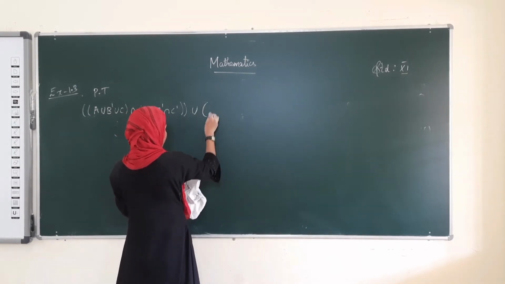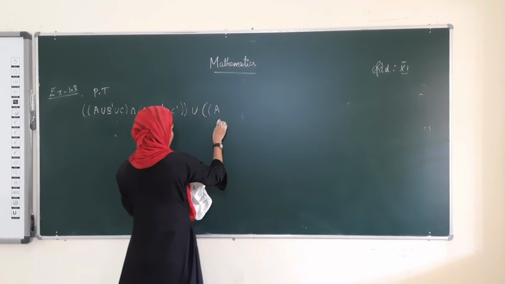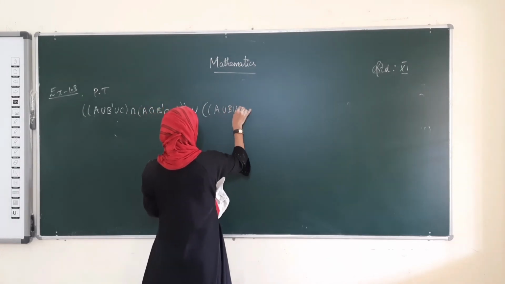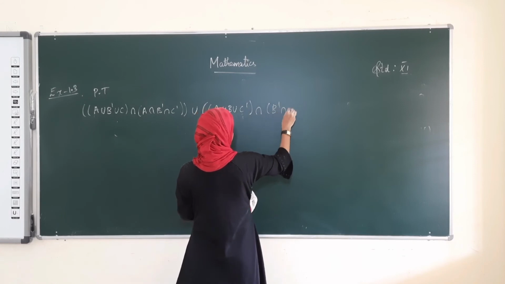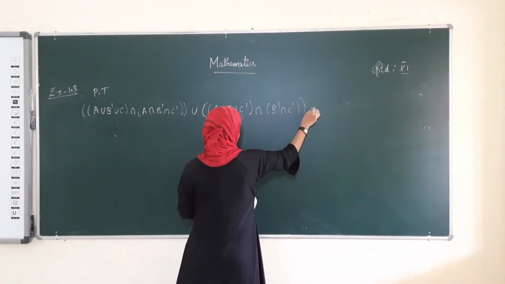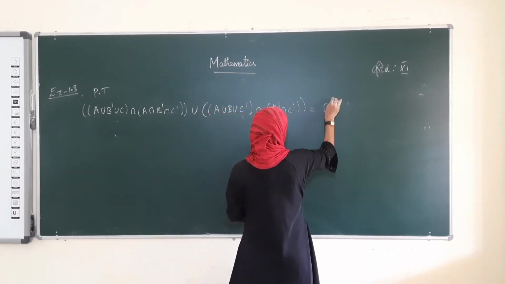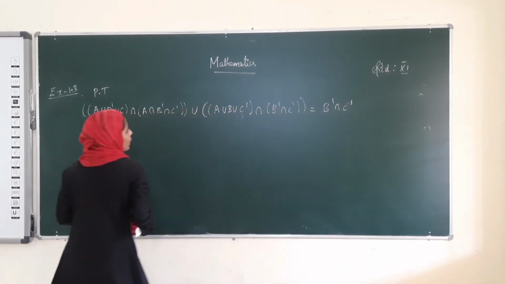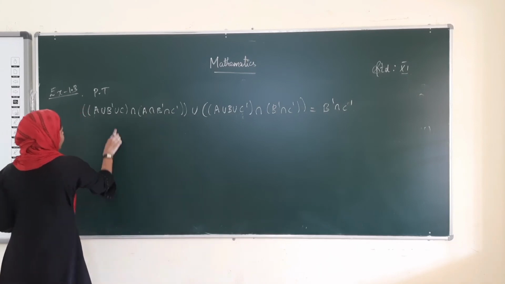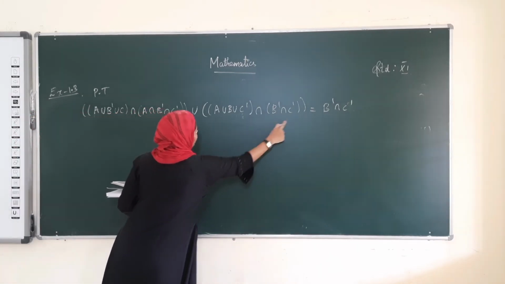Union of (A union B union C) dash intersection B dash intersection C dash will be equal to, we have to prove this will be equal to B dash intersection C dash. Let us take this as one term and this as one term.